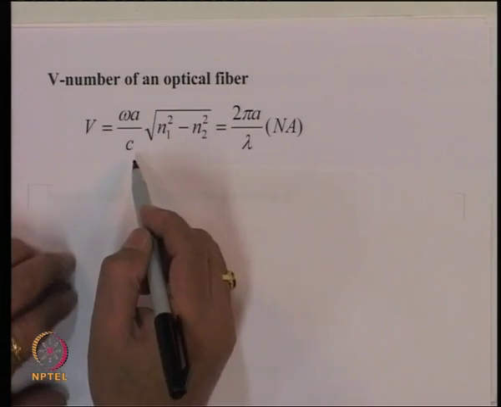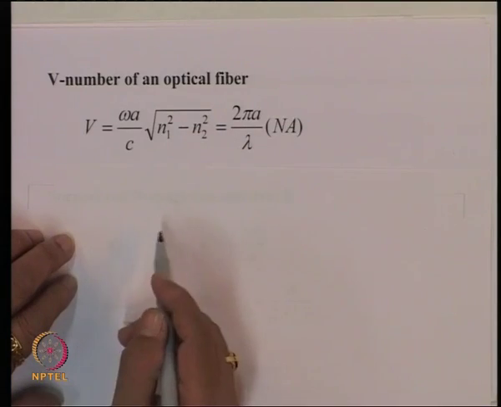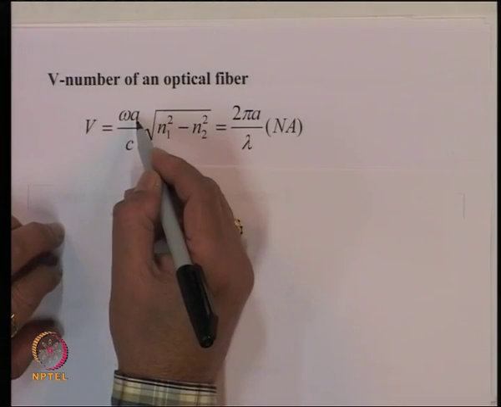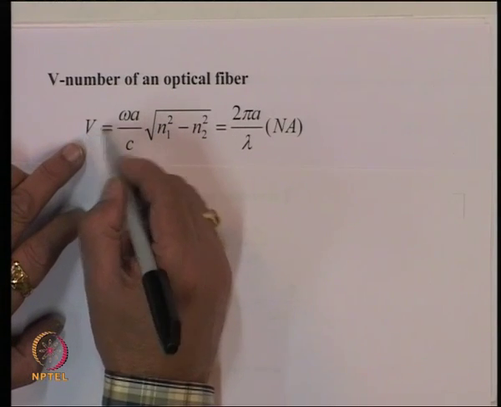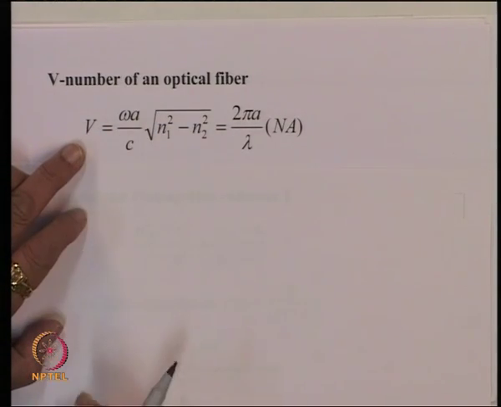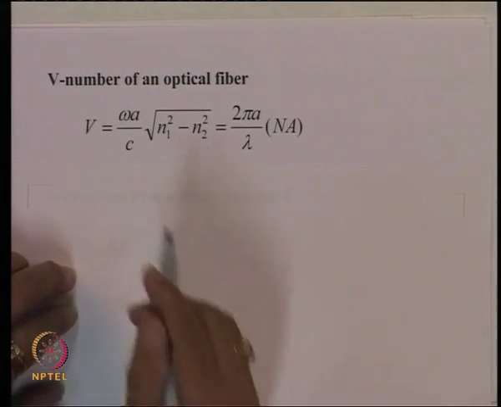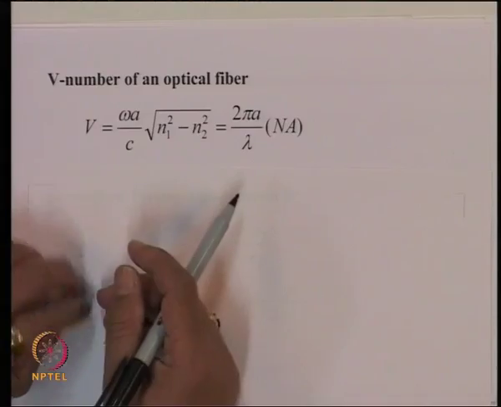For a given fiber, since n1 and n2 are constant and the radius is constant, the V number is directly proportional to the frequency omega. That is the reason this parameter is also referred to as the normalized frequency. Later on we will see this is the parameter used to compare different types of fibers. The V number is one of the extremely important parameters because it describes the propagation characteristics inside the optical fiber.